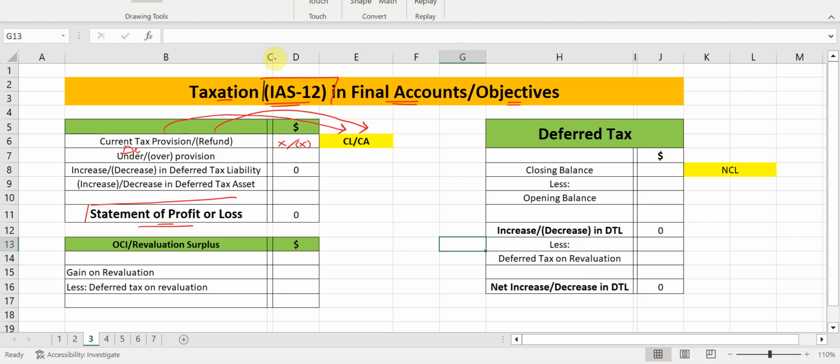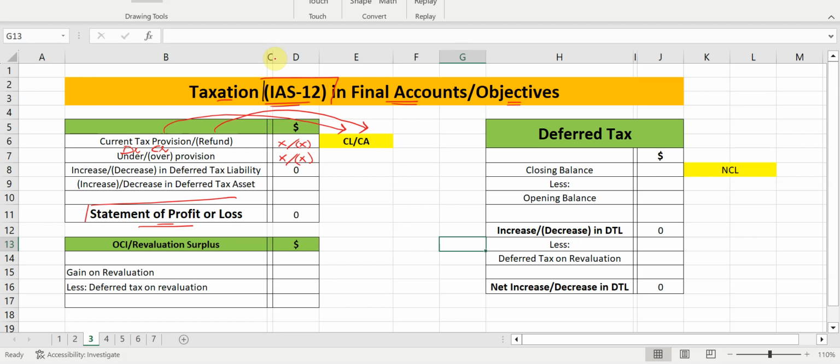So expense represents the positive figure, and if there's income or the reversal of expense, that represents the negative figure. The over provision represents the credit balance in the trial balance, and this decreases the current year tax charge. So if there is under provision, that increases the current year tax charge, and if there is over provision, that decreases the current year tax charge.